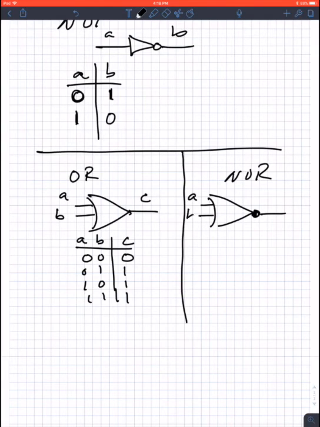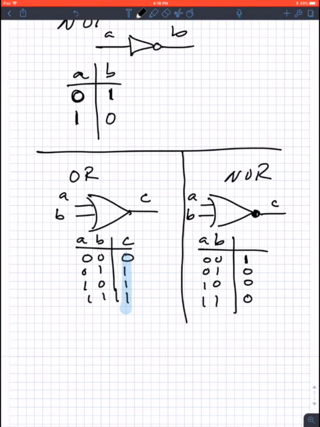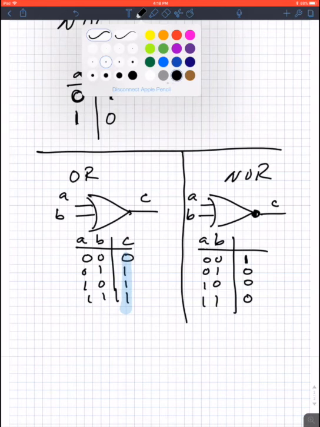Okay, so if I had A, B, and C, I could write down the output here by writing down the combinations of A and B. And rather than a regular OR like in this column, you just flip all those over. All right, so this would be a 1, 0, 0, 0. So this would be the truth table for a NOR gate.